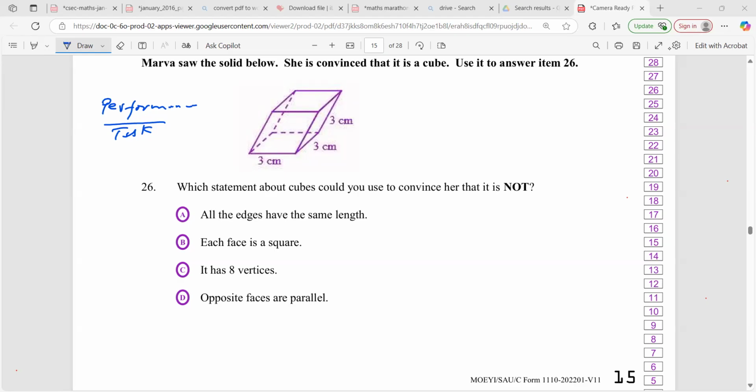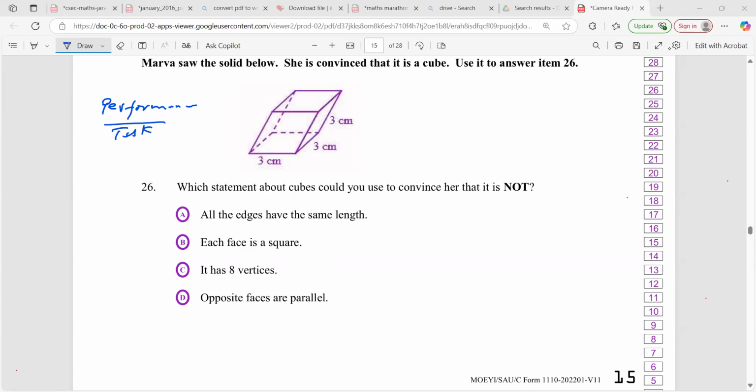And C says it has 8 vertices, and if you count the vertices, you get 12. So it can't be C either, sir. And it cannot be D.